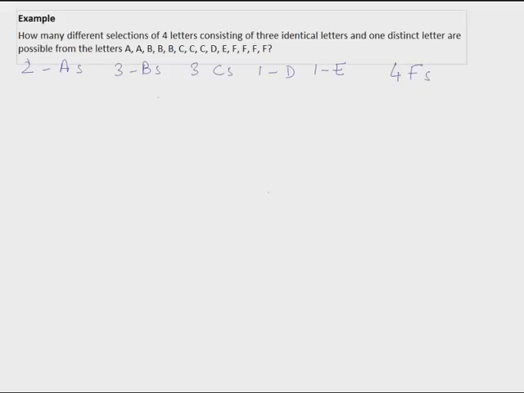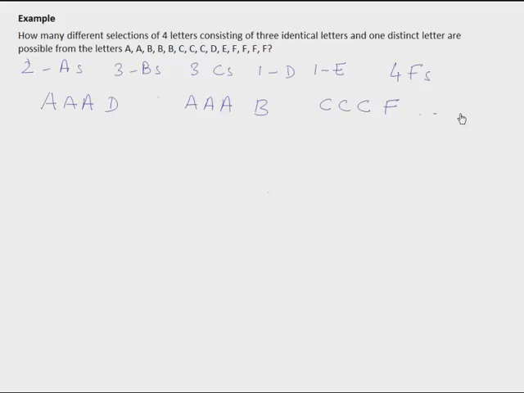So let's look at some examples of the way we can pick. So I could pick 3 A's and a D, or I could pick 3 A's and a B, or I could pick 3 C's and an F, and so on. You can see that in each of these ways there are 3 identical letters and 1 other letter.